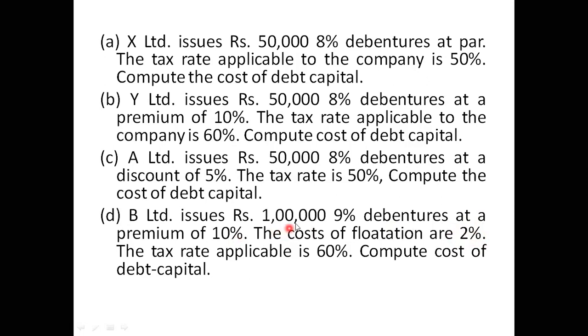Therefore, even though the company collects 1,10,000 from the debenture holder, there is a 2% reduction from the 1,10,000 issue price. After deducting 2%, the company gets the actual receivables of 1,10,000 minus 2% of 1,10,000. That is how the calculation goes. Let's understand this in the solution in the next slide.